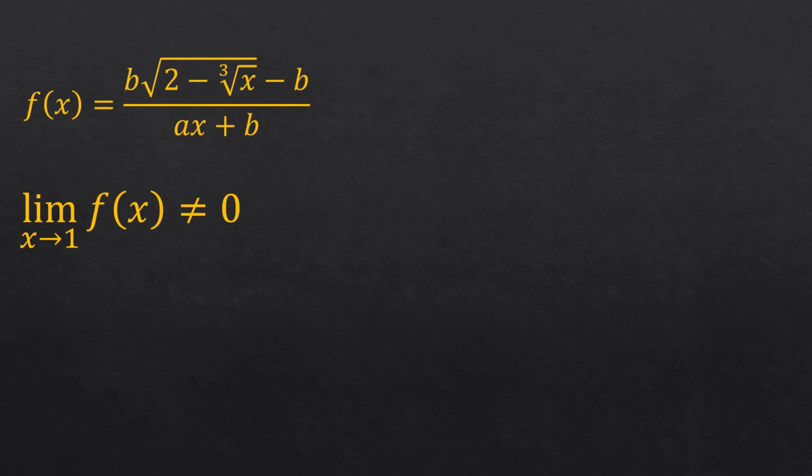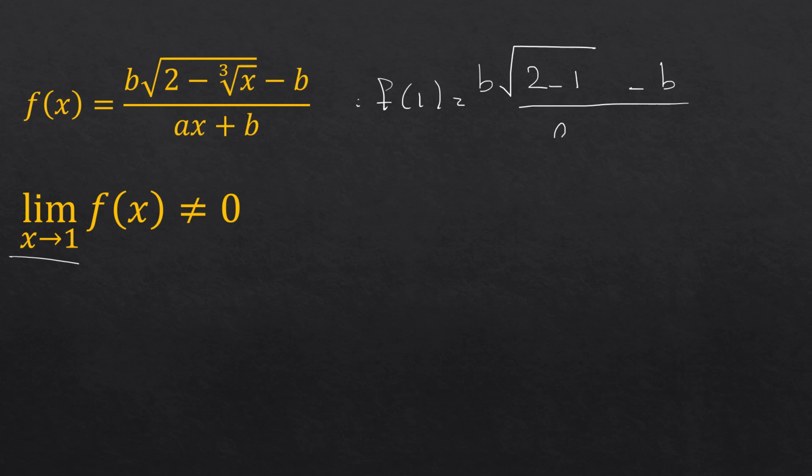If I replace x by 1 because I'm trying to find the limit of the function when x approaches 1, then we would have f of 1 equals b times 2 minus, well, the third root of 1 is 1, okay? And then we have minus b here, and in the denominator we have a times 1 plus b.